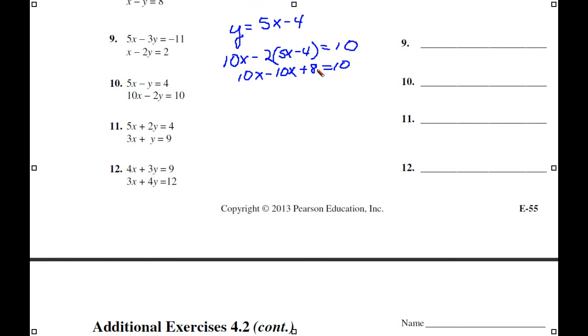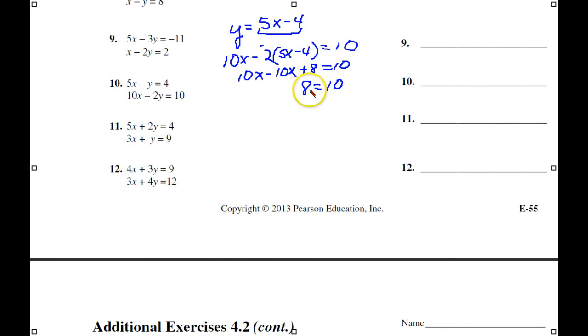Now I'm doing number 10 because this one is a little different. So I will transpose the y, and I transpose the 4, so I get this. This is the value of y that I'm going to substitute into this equation. For the y, I'm now going to put this value. So I clear parentheses, I combine like terms, and I end up with, wait a minute, now this is 8 equals 10.